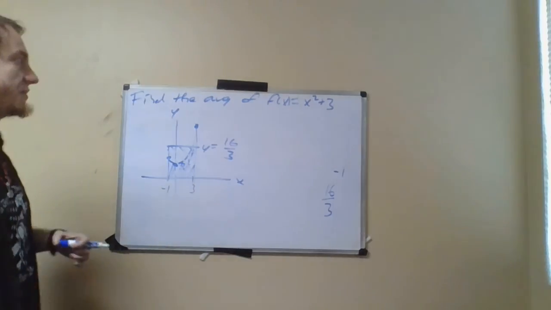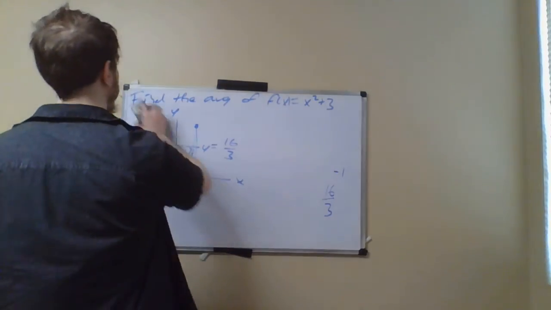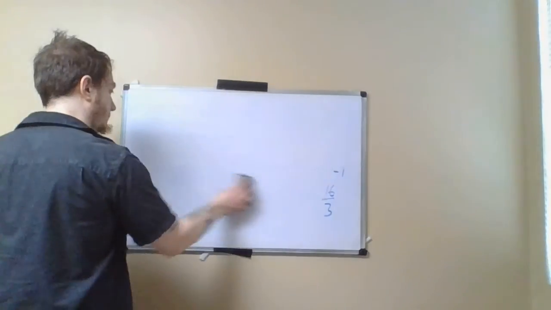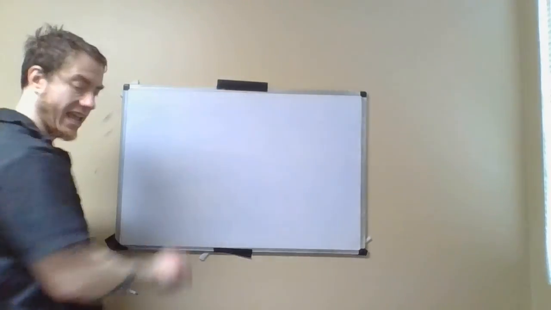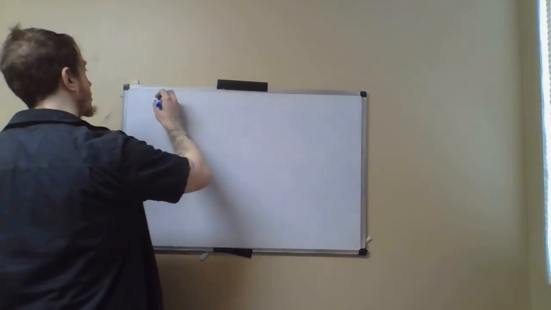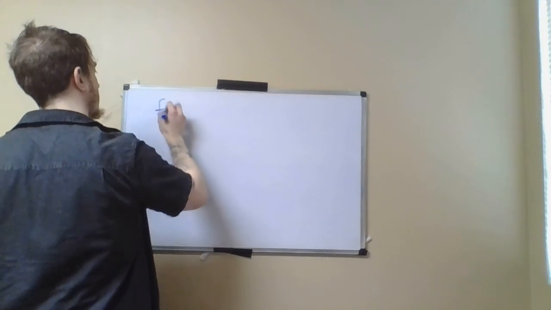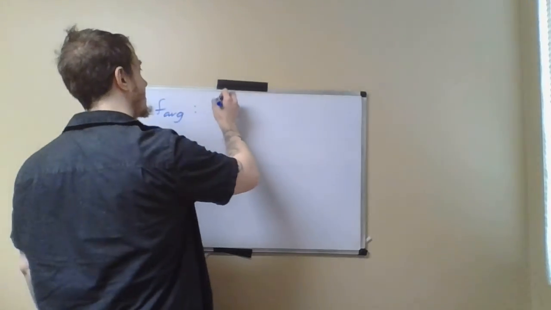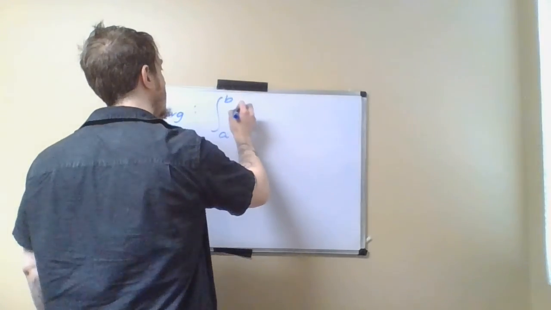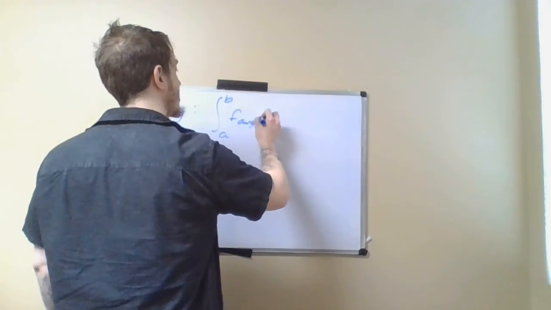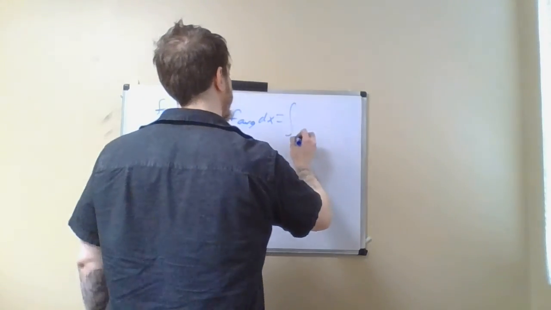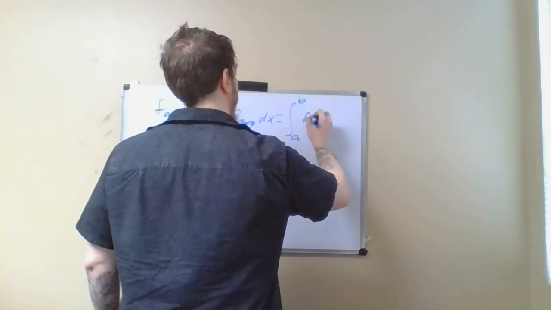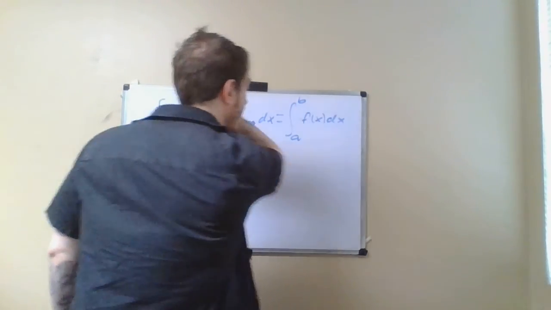So another way of thinking about the average of a function is that we want to say that the average of a function, f average, should have the property that the integral from a up to b of f average is equal to the integral from a up to b of f of x dx.